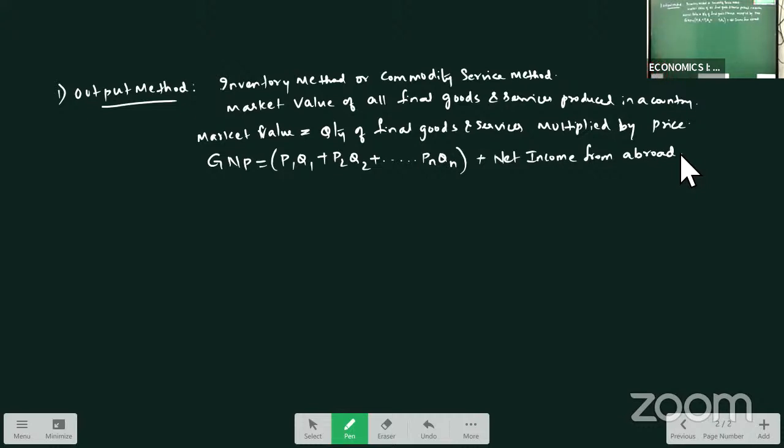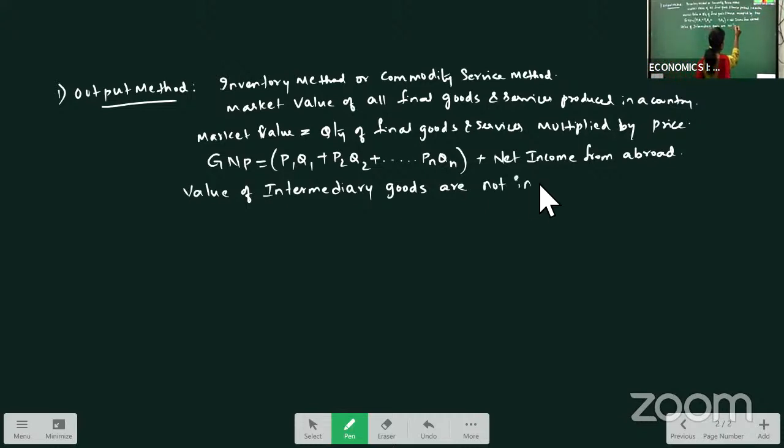And one more point you remember here, value of intermediary goods are not included.